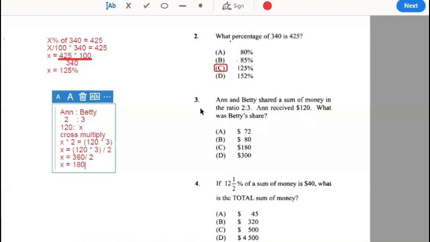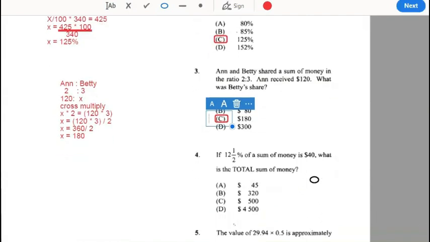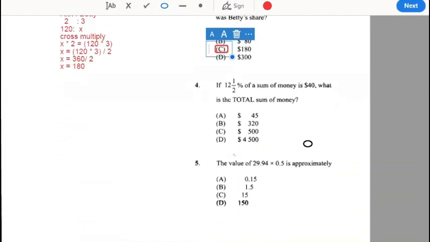And all they're asking now is to find the cost for 3 patties, which is equivalent to Betty's share. It's as simple as saying 60 times 3, and you get the same answer of $180.